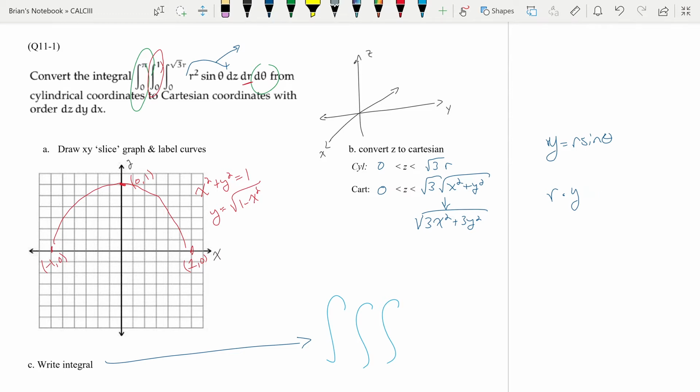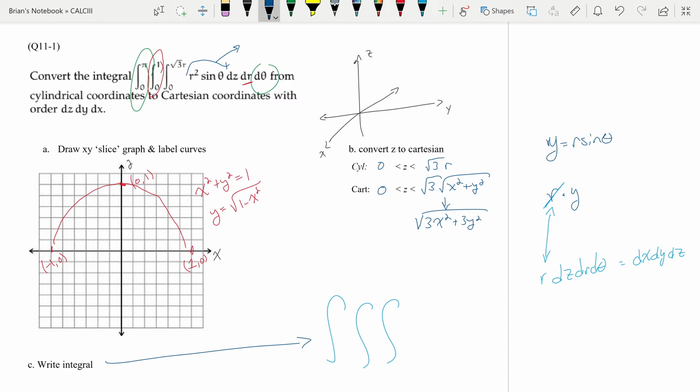All right, cool. So we have an r times a y, and now the trick is, remember that dz dr d theta is equal to dx dy dz only if there's an r on that side. Now that there's an r on that side, that's where our other r gets canceled. So now we just have a y.